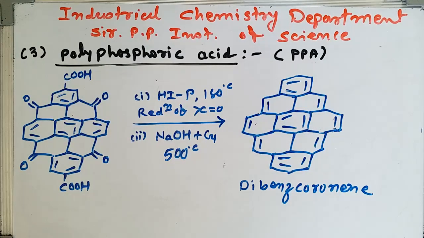So the hexacarbocyclic compound and intermediate product during the synthesis of coronene is first of all cyclized with sulfuric acid, followed by oleum, and finally with polyphosphoric acid to give a compound which is further converted to dibenzocoronene.